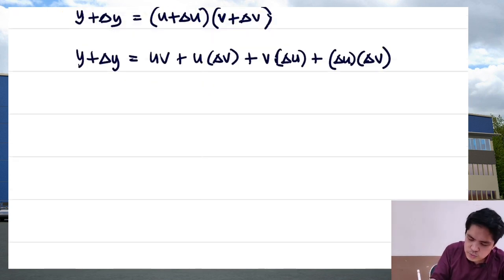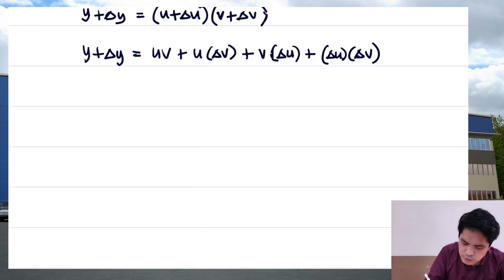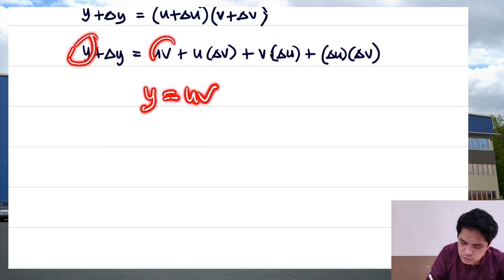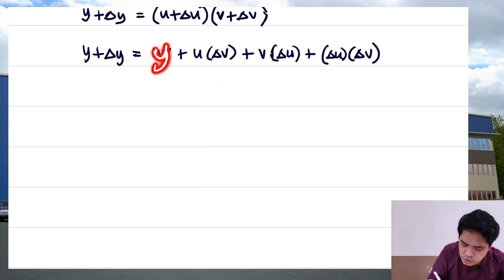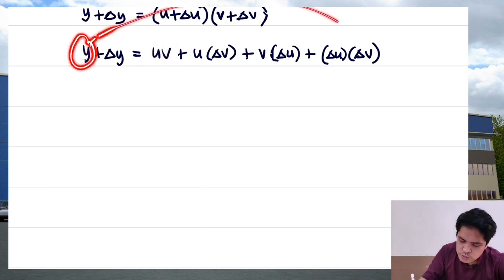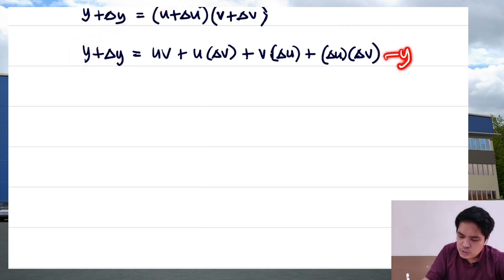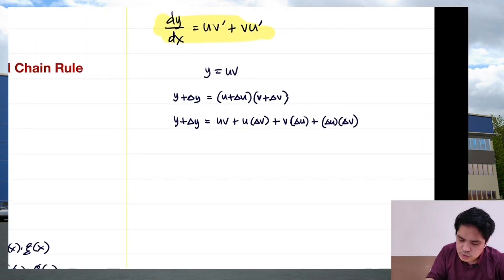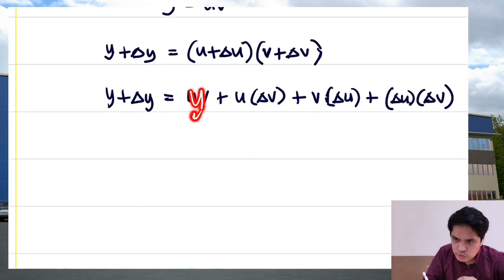Okay, then if we subtract, remember that, di ba, y is equal to uv. So y is equal to uv, eto na yun. So y din to siya, so we could just cancel that out. Or dun sa mga previous solution natin, we just transpose to the other side. So minus y, then we'll cancel out na siya. So we have y on both sides, so cancel out na lang.